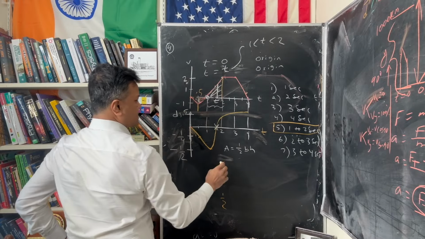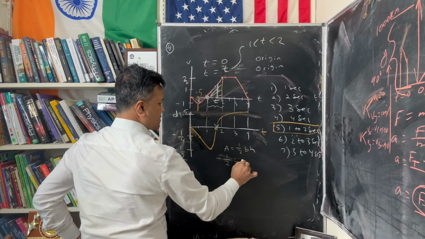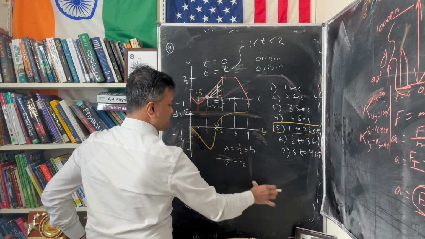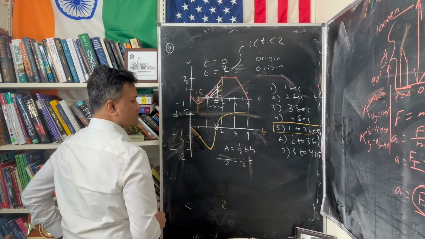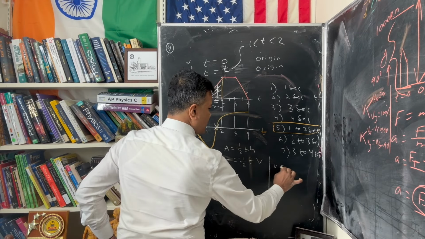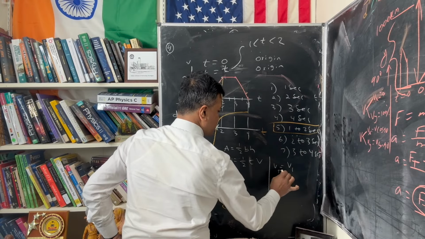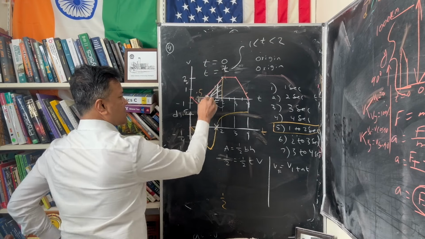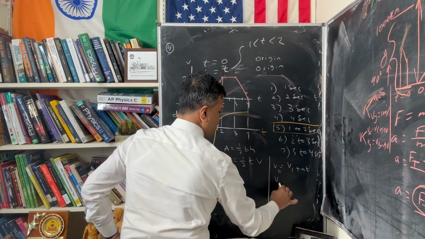We have area is negative half is equal to half bh. What is b? b is time, and h is velocity. What is velocity? Velocity is vf, vf is equal to vi plus at. vi is 0 over here, so we're just going to write 0.